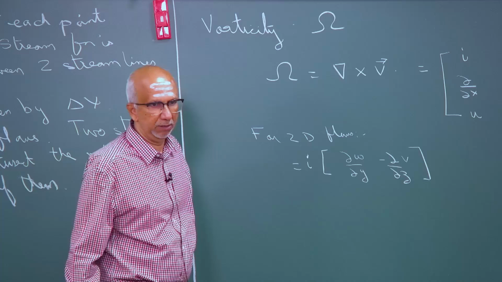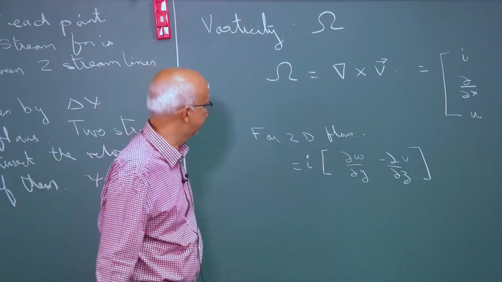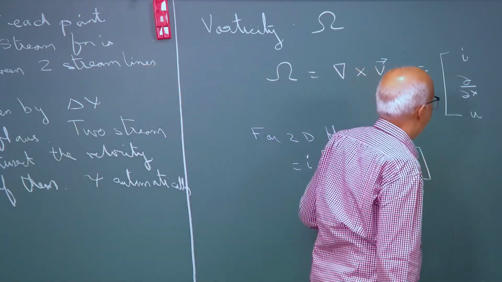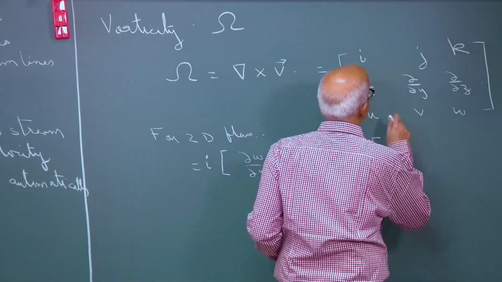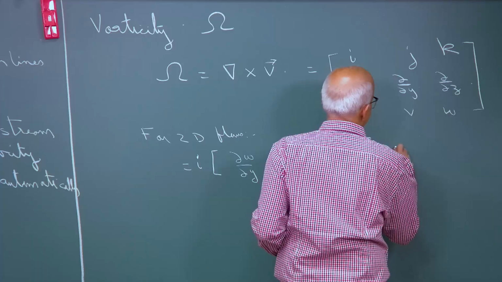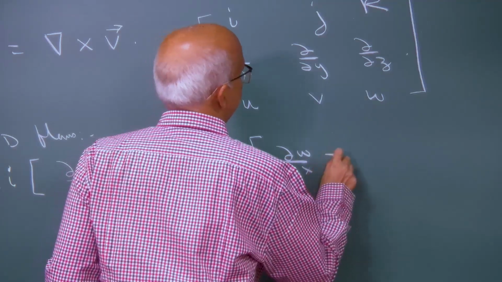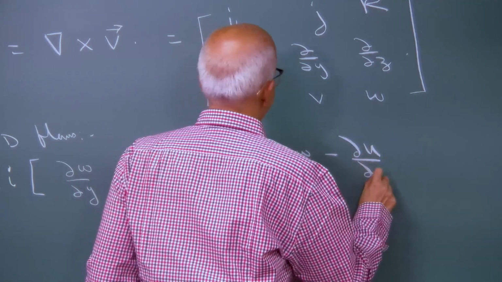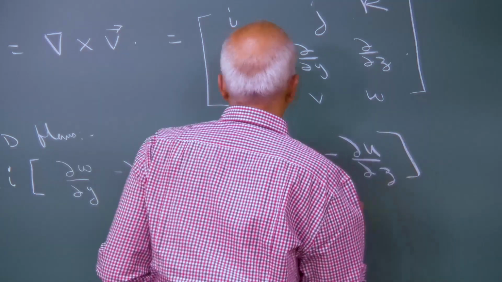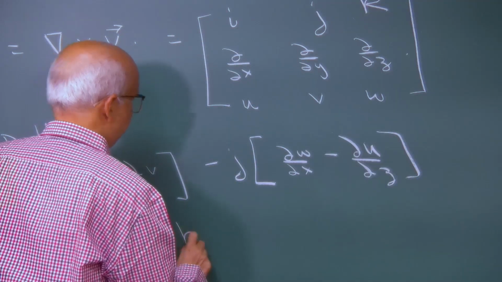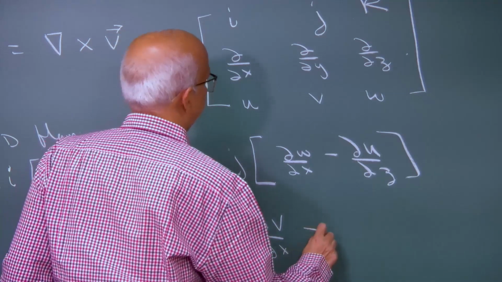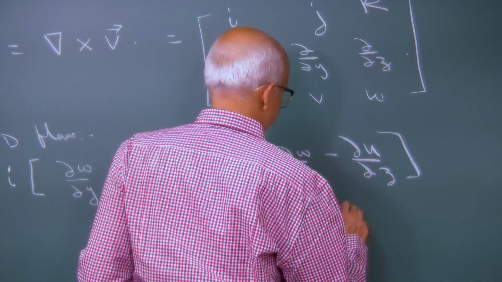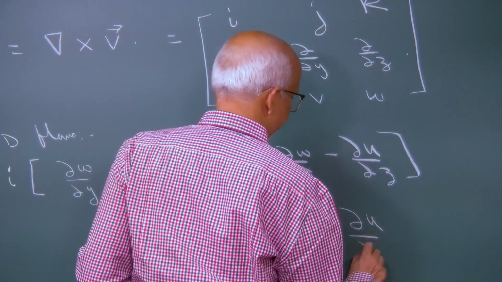That is the cross product, I mean just evaluating the matrix, minus j times dw by dx minus du by dz, plus k times dv by dx minus du by dy.